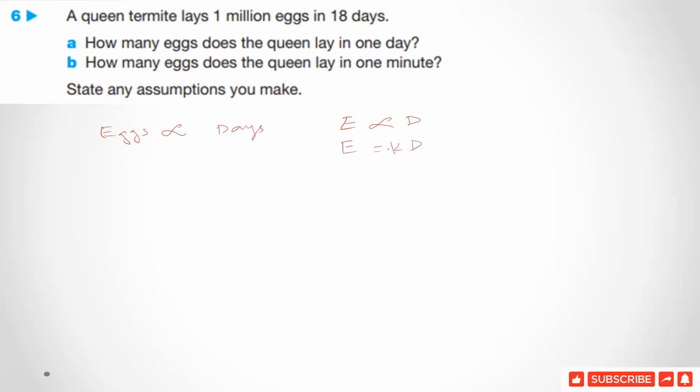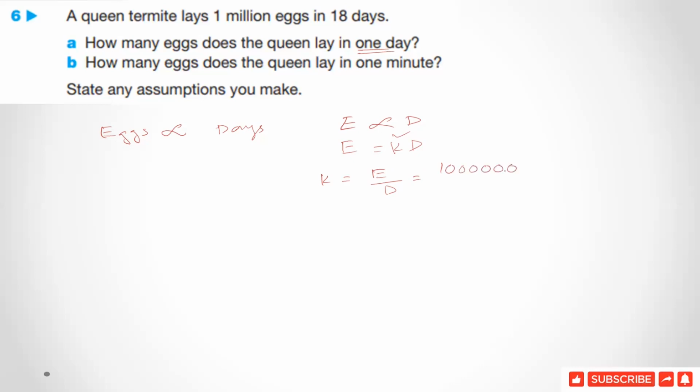I want to check how many eggs the queen lays in 1 day. So first of all, I find the value of K. K is equal to E divided by D. How many zeros must be there in 1 million? 1, 2, 3, 4, 5, 6.